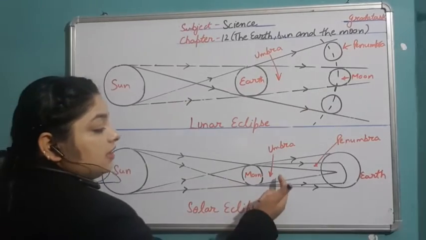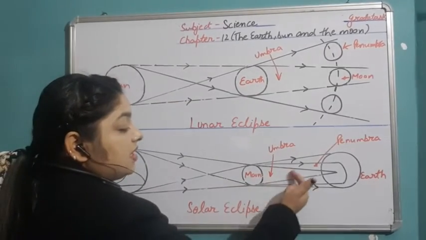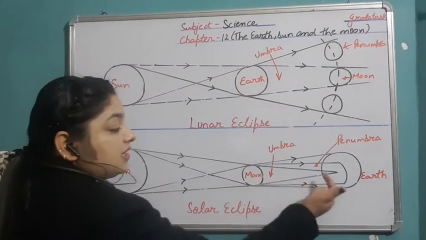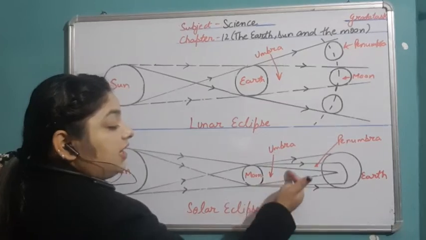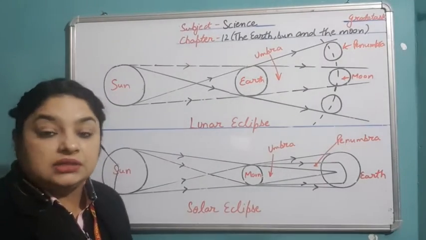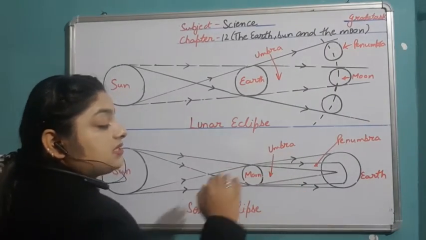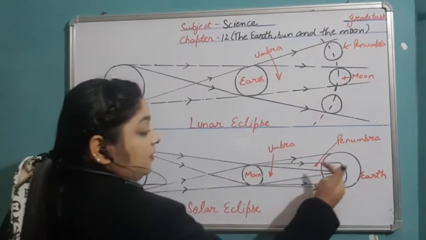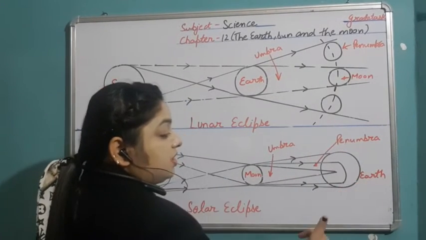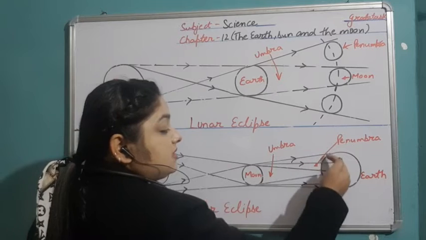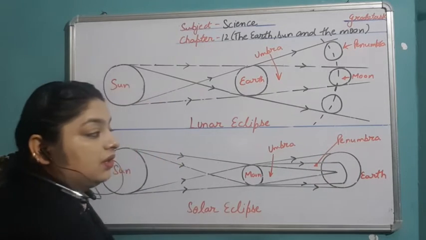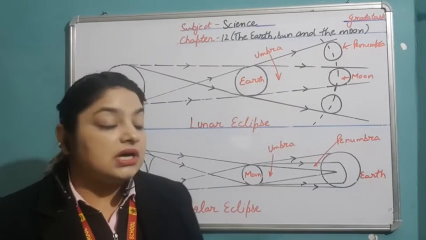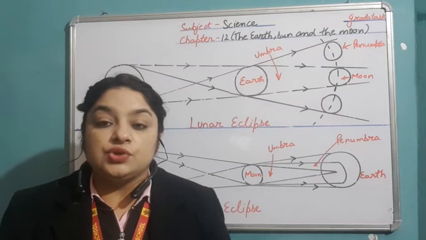Now again you can see this area where if moon is in this position and earth is here, then a very dark shadow of moon will fall on the earth, so that is umbra. In this case total solar eclipse will occur, and if it is on this portion or this portion, a very light shadow, that is penumbra, will fall on the earth. That is partial solar eclipse.